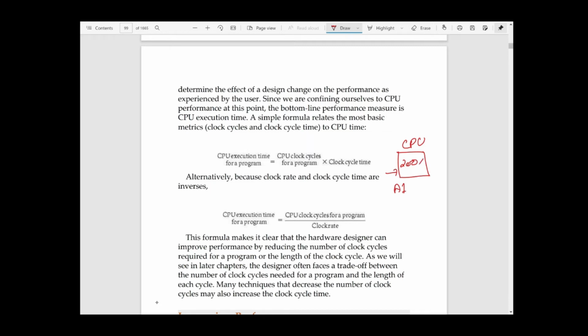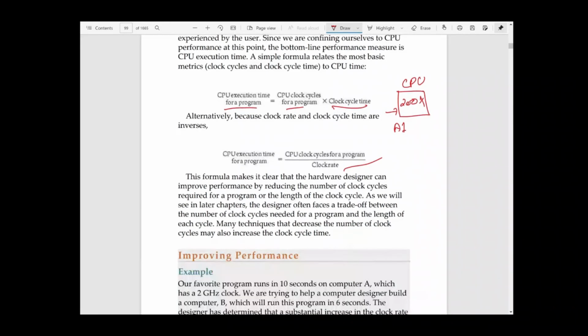Cycles times the time required for each cycle. The same thing is written here: clock cycles for a particular program, which is suppose 200, and clock cycle time, the time required for each clock cycle. If you multiply these two, you get CPU execution time. Clock cycle time and clock rate are reciprocals, right? So the same formula you can also write like this. You can easily understand it.